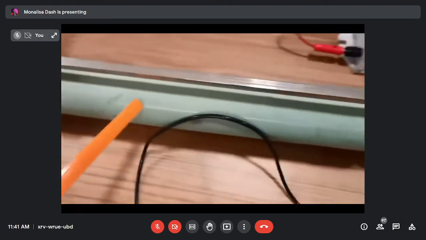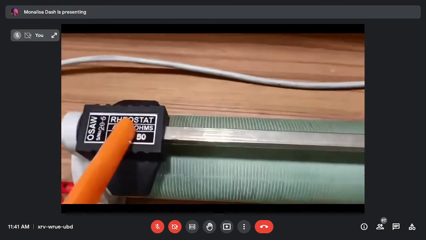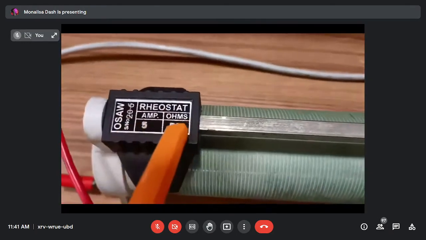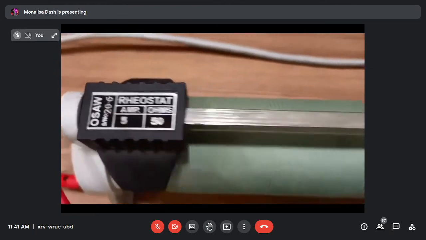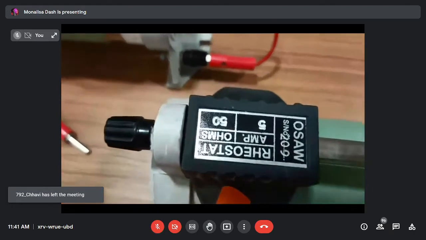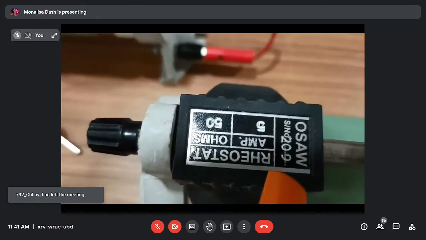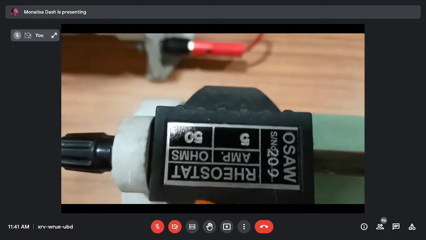The same three rheostats are there. This is first and this one is second, same 5 ampere and 50 ohm. Then this one is the third, also 5 ampere and 50 ohm.